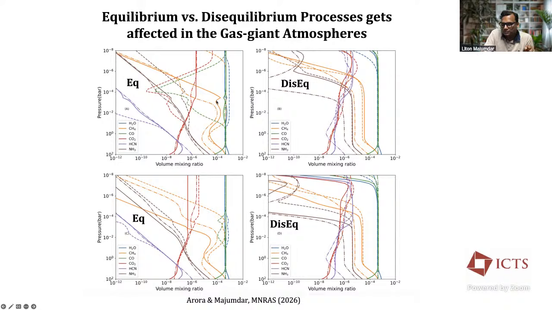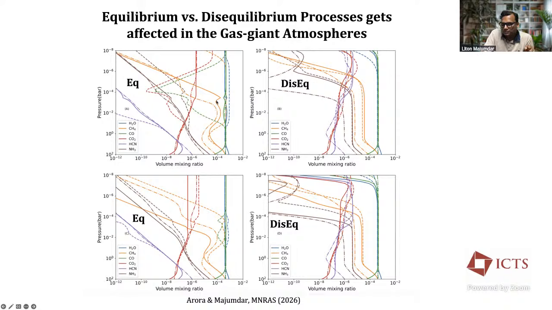So there are potentially different classes of super Earth atmosphere where we can see the chemistry of HC3N, which could be linked with the formation of larger, more complex carbon chemistry happening in this type of atmosphere.